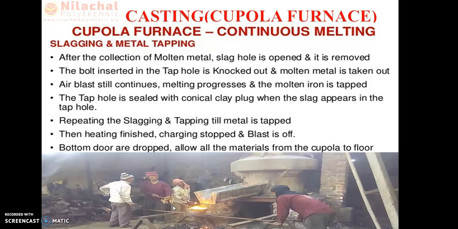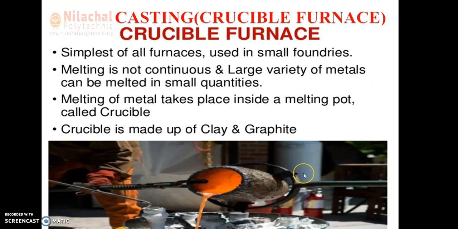So let us discuss another type of furnace which is in your syllabus, and the name of that furnace is the crucible furnace. As per the introduction, the crucible type furnace is the simplest of all the furnaces used in foundries.